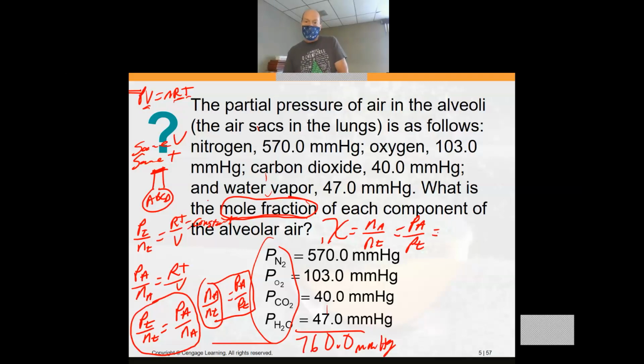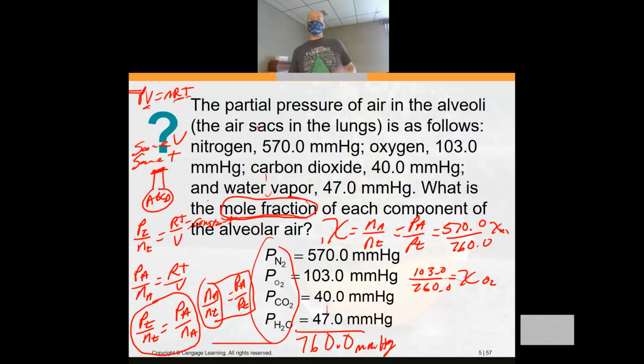If you wanted the mole fraction of nitrogen, you take your 570.0 divided by your 760.0. That is your mole fraction for nitrogen. If you want the mole fraction of oxygen, you take your 103.0 divided by the 760. That's your mole fraction of oxygen.